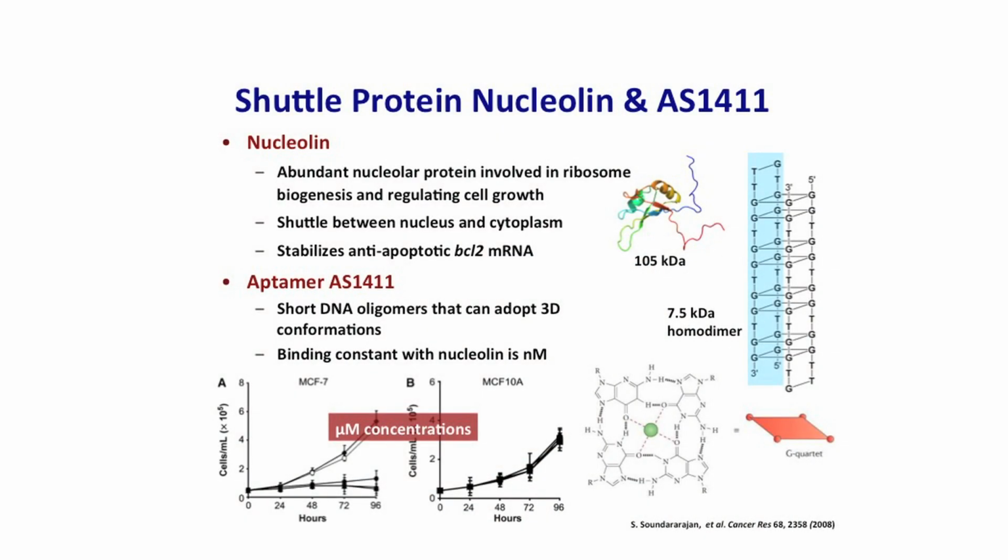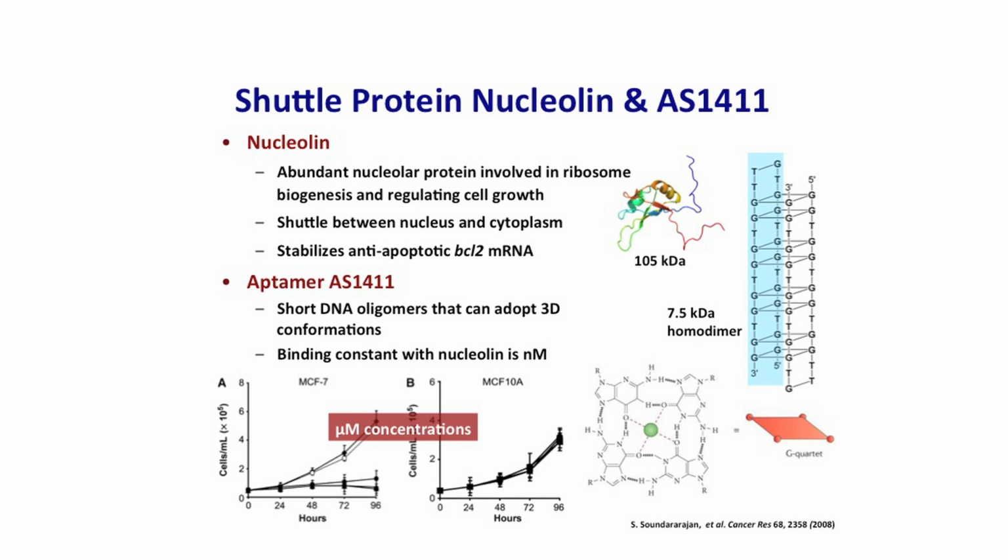And so this is what the structure of the aptamer looks like. It's a short DNA oligomer. And a definition of an aptamer is that you're interested in binding to a protein or any other type of target by changing shape. You can think of them as synthetic antibodies, but they're much, much smaller. And so in this case, the shape that it forms is this homodimer. So this is one strand of the AS1411, and this is the other strand.